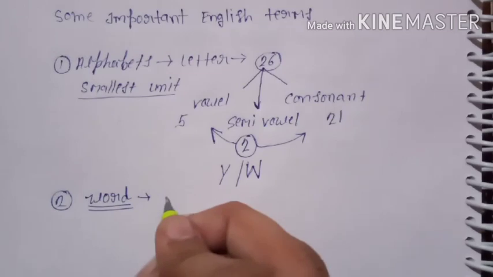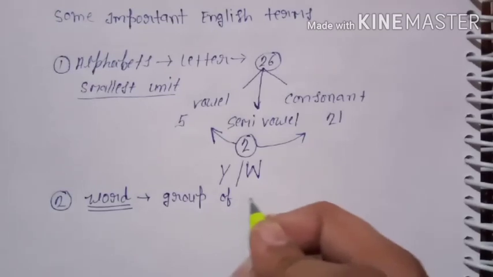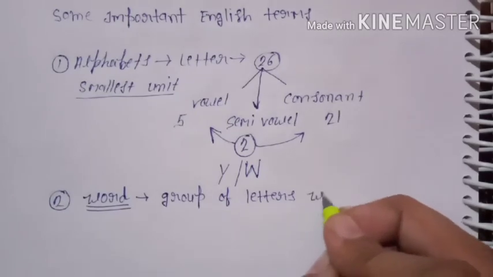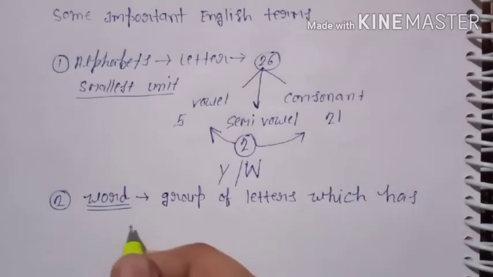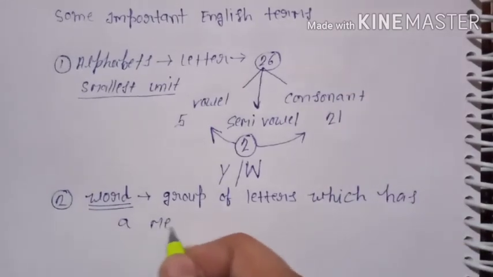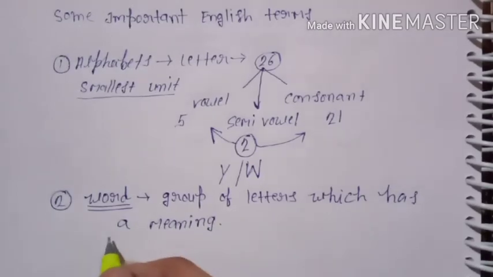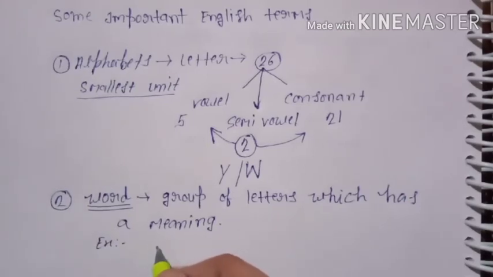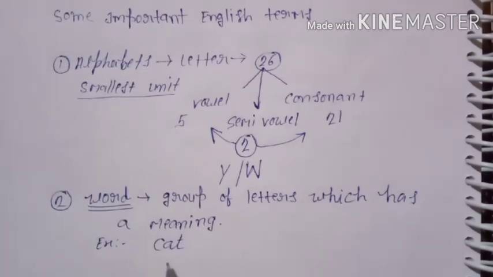Word is a group of letters which has a meaning. Example: cat is a word. This word has 3 letters, C, A and T.